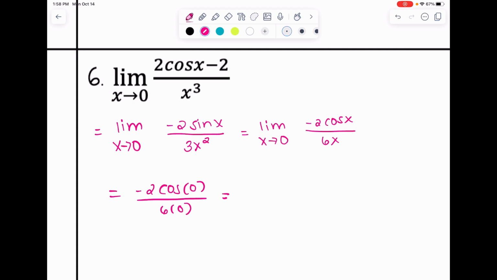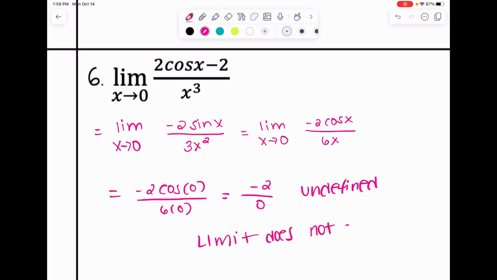Negative 2 times the cosine of 0. So that's negative 2 times 1. The denominator is 0. So I'm going to say here that since we get negative 2 over 0, we get something that's undefined. We would basically say that the limit does not exist.